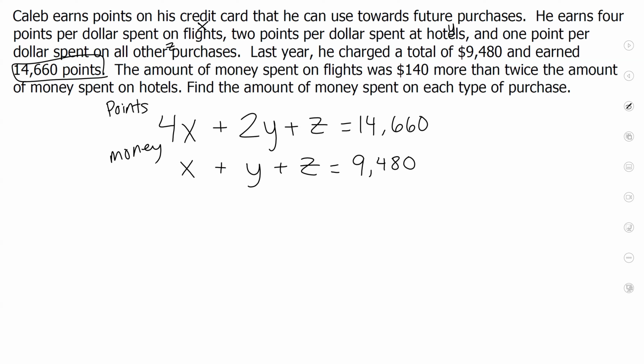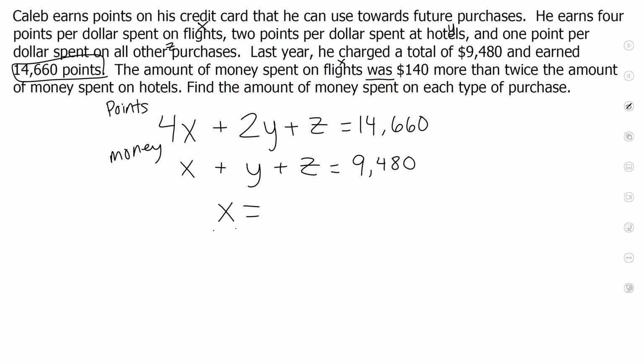Okay, now the last one we're going to have. It says the amount of money spent on flights. Which variable represents flights? X. So the amount of money spent on flights, that's represented by X, was, whenever you see words like was or is, just put an equal sign.